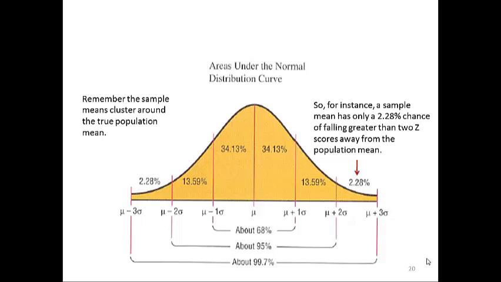So, for instance, a sample mean has only a 2.28% chance of falling greater than 2 z-scores away from the population mean. Whenever your score falls out in those extreme tails, then you probably have a significant statistical result.